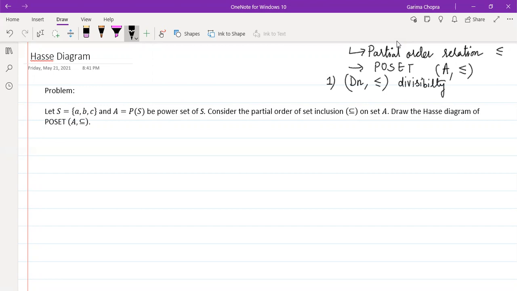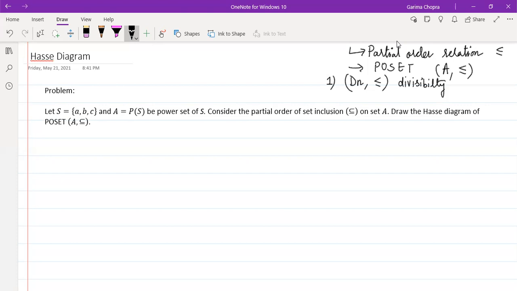There are some rules which we need to keep in mind when we are drawing the hash diagram. The first rule is that for all the elements which are present in our poset, in the set A, we will be taking some points. We will be labeling those points as the elements of the set A. The second thing we need to keep in mind when drawing the hash diagram is that we don't consider the self loop. We know that hash diagram is for poset.